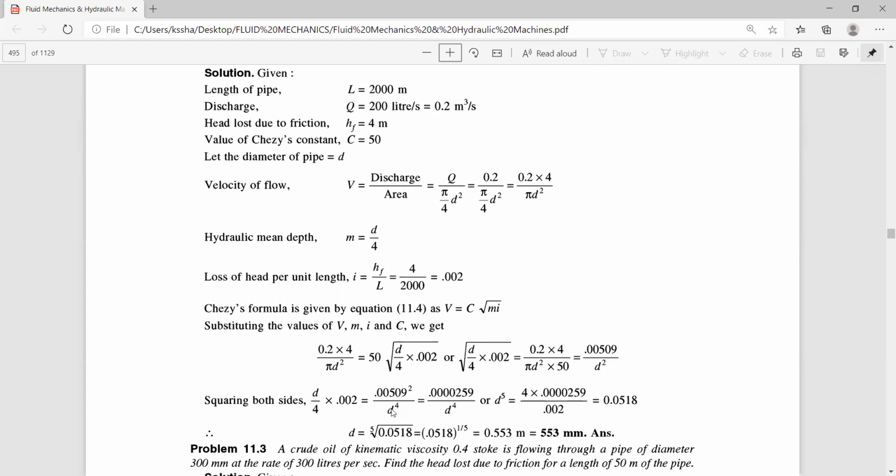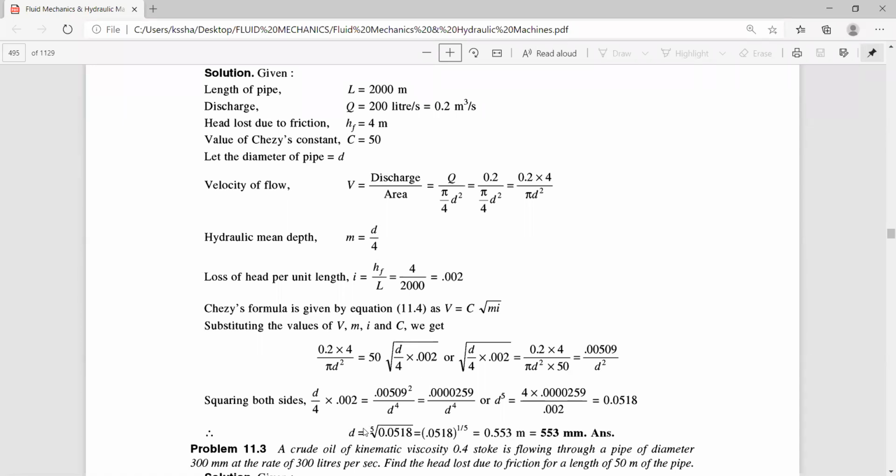Now d raised to 4 we are taking to this side, so it becomes d raised to 5. So d raised to 5 is equal to 4 into 0.00509 square divided by 0.002. So it comes out to be 0.0518. So this is the value for d raised to 5.